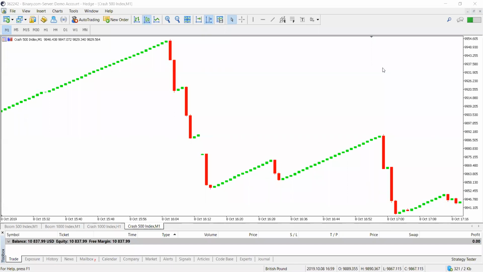If time permits, we'll also look at how to draw trend lines and how to put pending orders, because that's where people usually have glitches of problem.